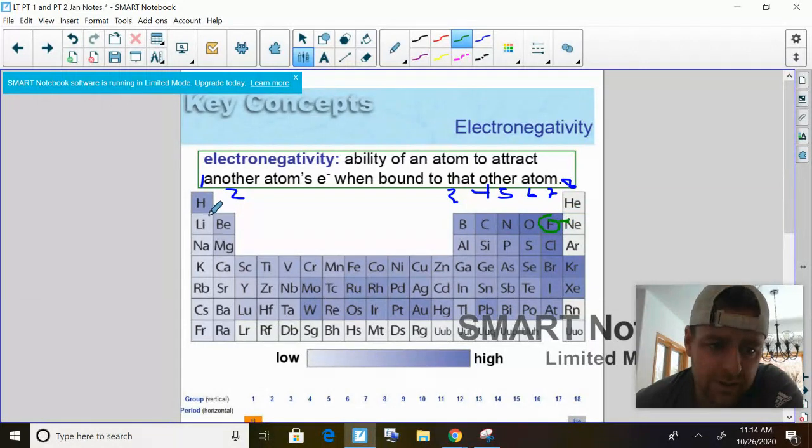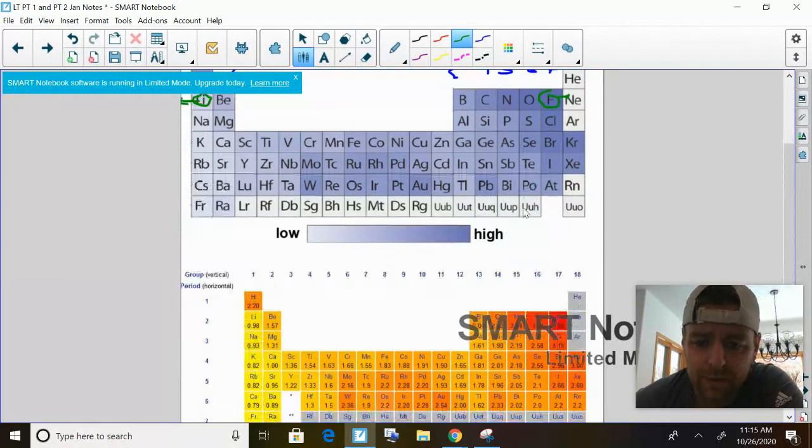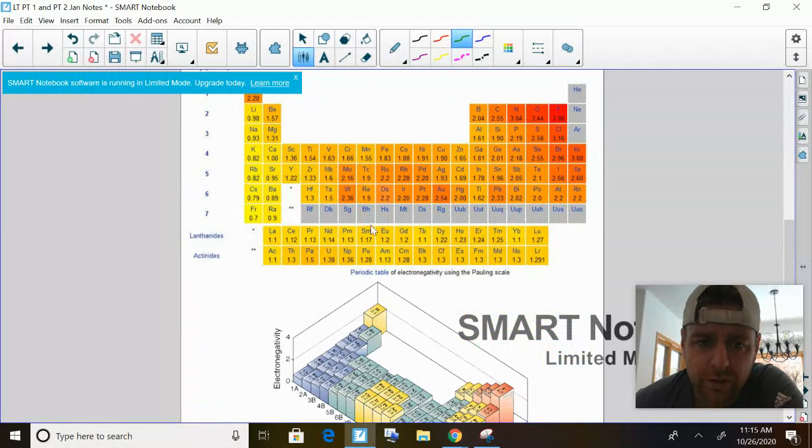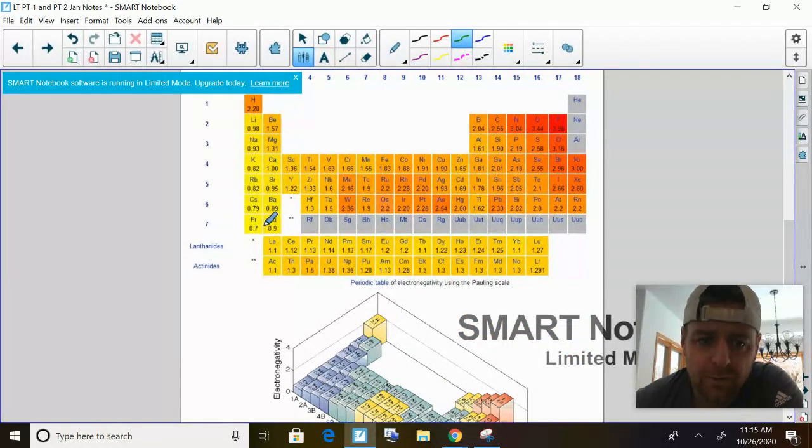Now these ones over here, the metals, don't have a strong desire for electrons because they want to lose 1 to get to 8. So how bad do I want to get to 8? Now here's a chart. It's an arbitrary value. 4.0 is the highest value for desire of electrons, and that's fluorine.